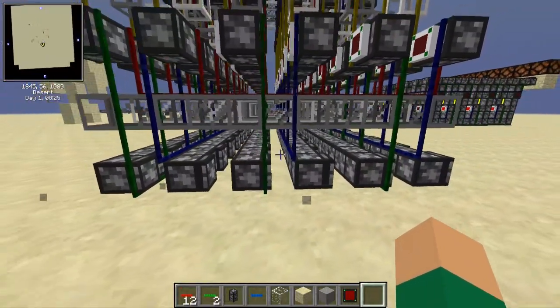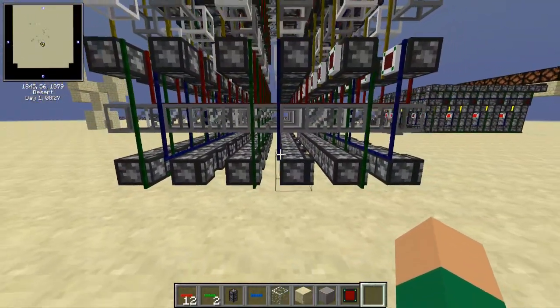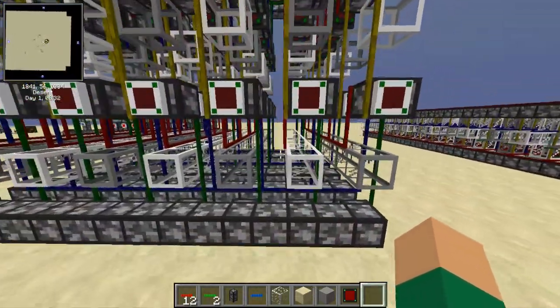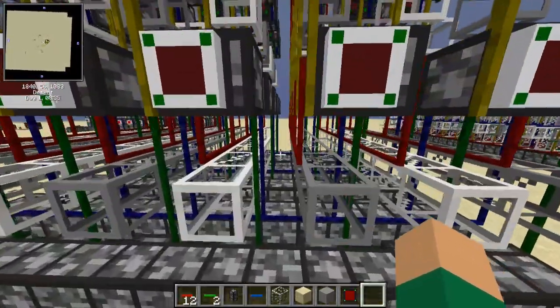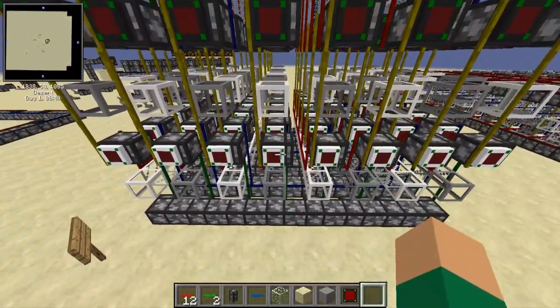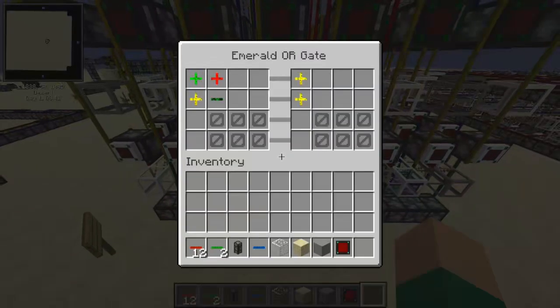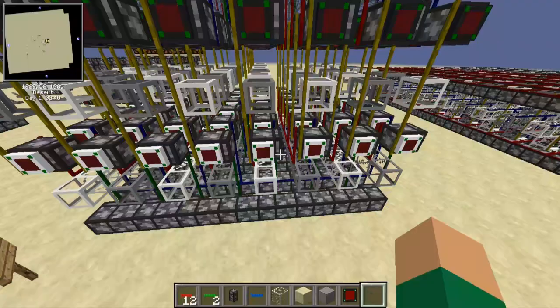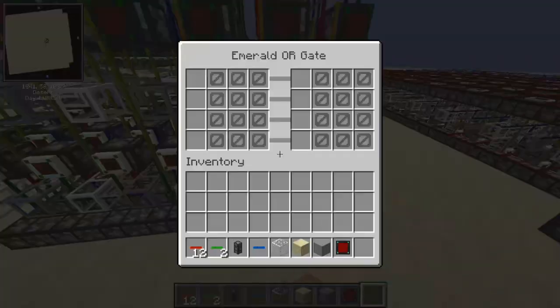And then also the blue ones, they go all the way that way, and here the red ones, they go all the way that way. Right, and then the logic is of course always the same. Yellows, greens, and yeah, it's always the same.